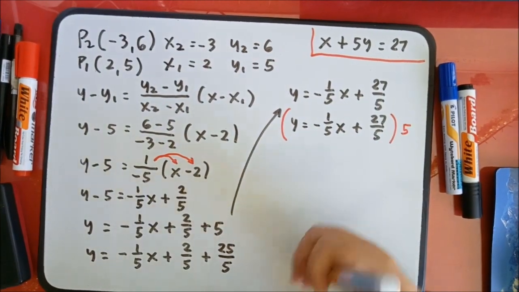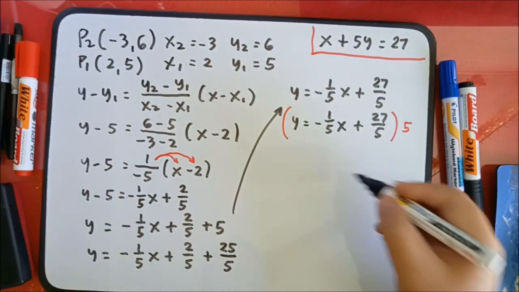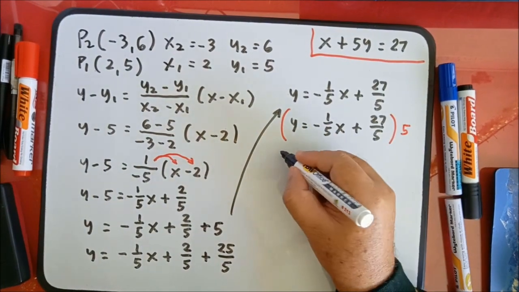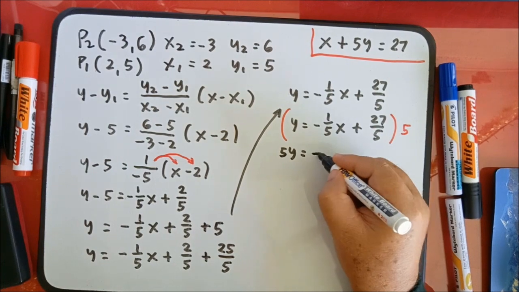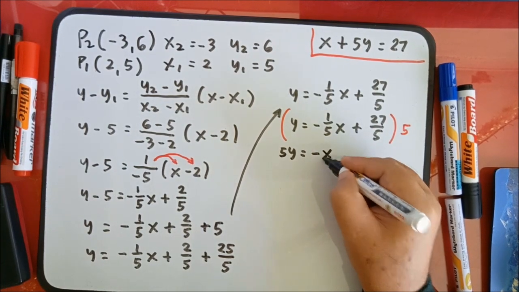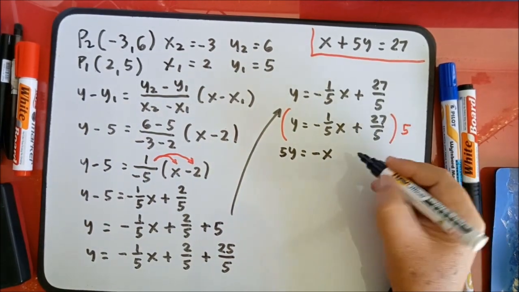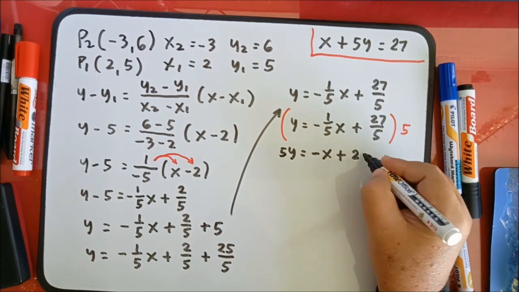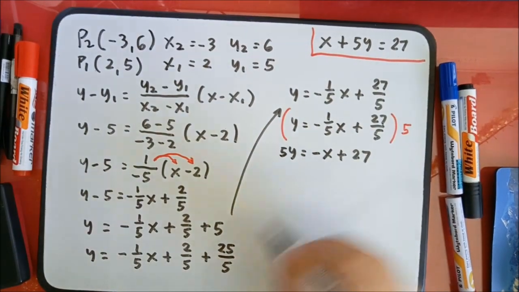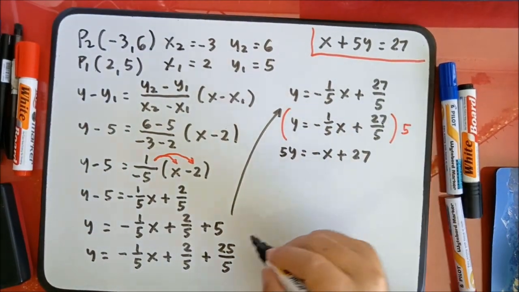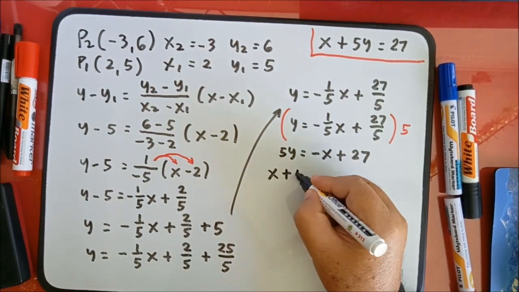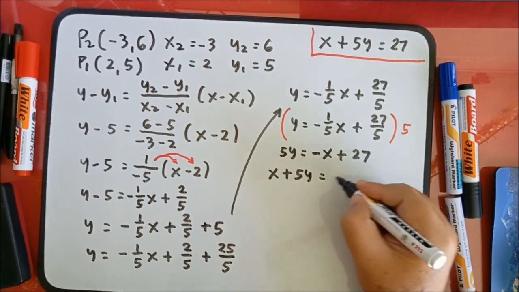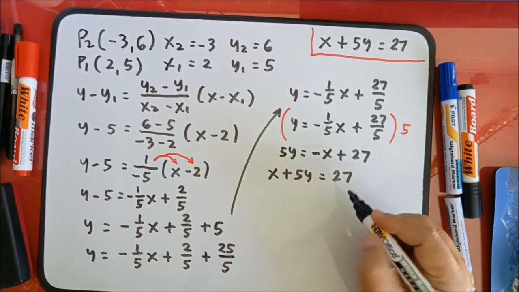Okay? Now, what will become of your equation? Y times 5 is 5y. 5 will be cancelled out. This will become negative 1x or negative x, the same. Then this will become 27. 5 and 5 will be cancelled out. So, transpose to the other side, this will become x plus 5y is equals to 27.